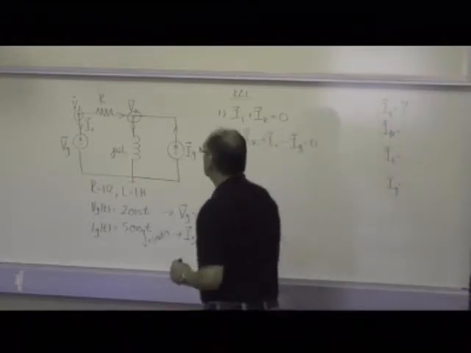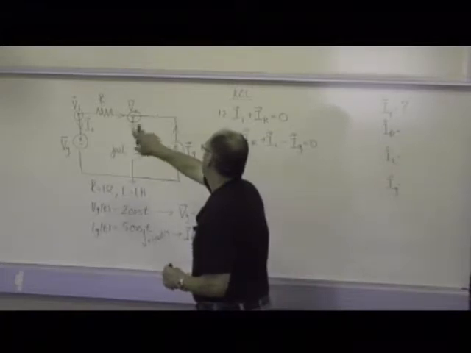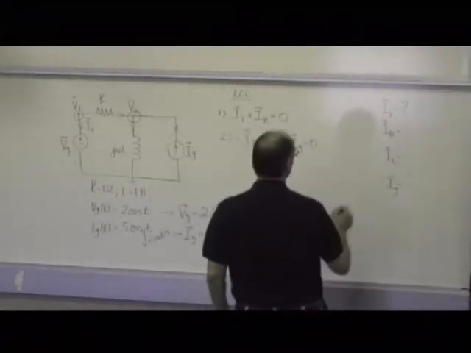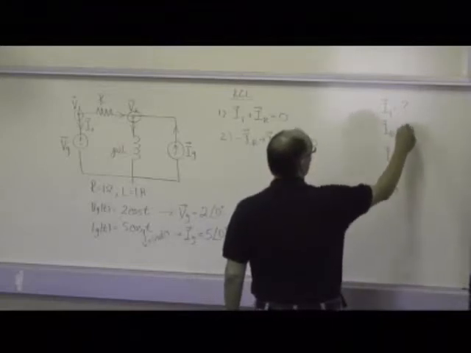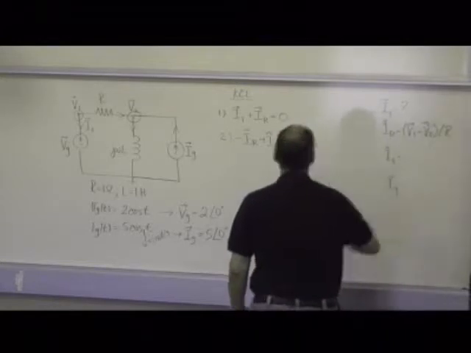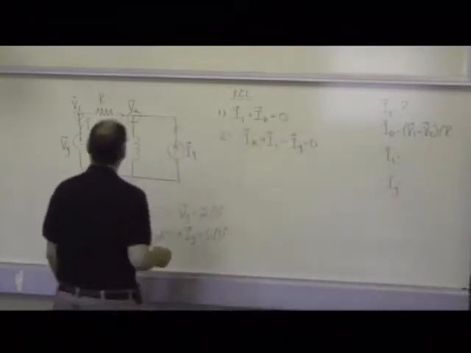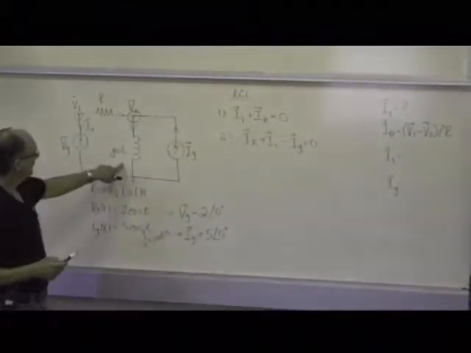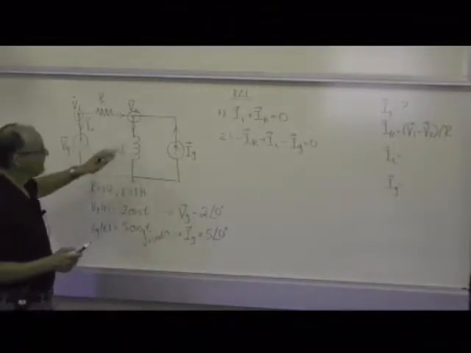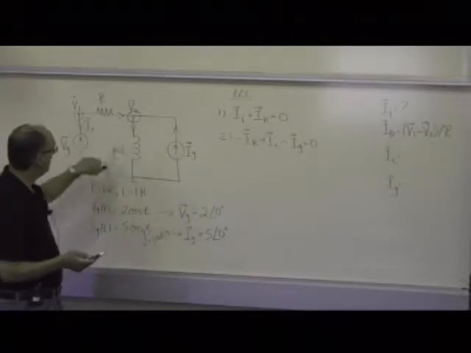For IR, it's quite straightforward because that one sits between nodes 1 and 2, and the current is assumed to go from 1 to 2, so you can rewrite that as V1 minus V2 over R. And we do something similar for the inductor. Again, as you know, with impedances, you can pretend like it's a resistor with a complex value.